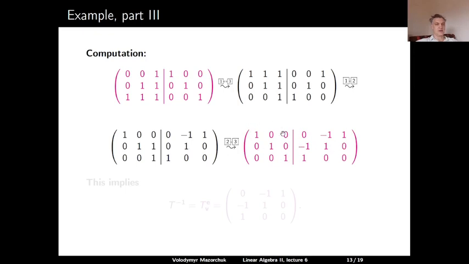And now we have the identity matrix here, which means that our answer, the inverse to the original matrix T, is here on the right-hand side. So T inverse is the matrix 0, minus 1, 1, minus 1, 1, 0, 1, 0, 0.